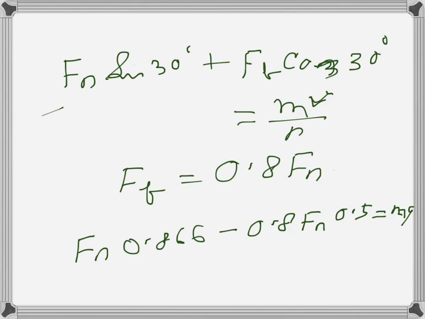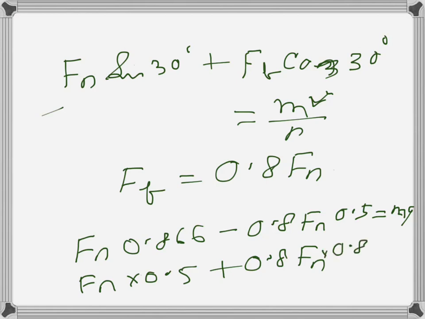And equation 2 will be Fn times 0.5 plus 0.8 Fn, because instead of Ff I am writing 0.8 Fn, times 0.866, equals mv squared over r. So these are the two equations.